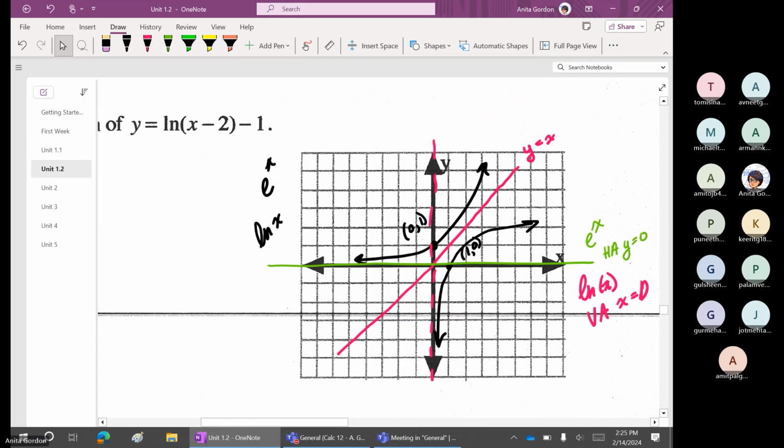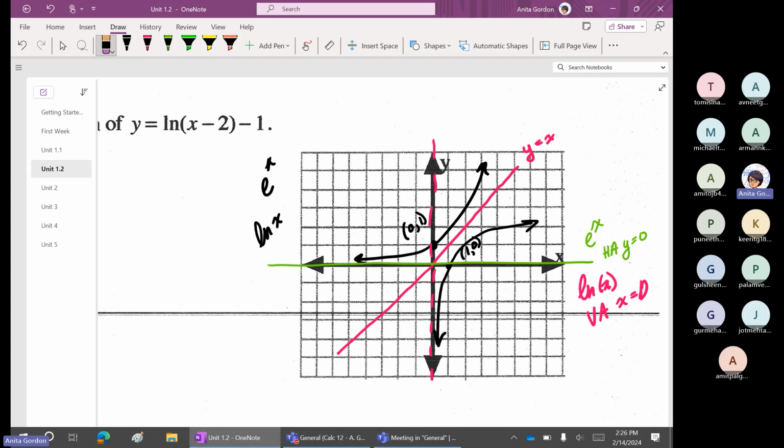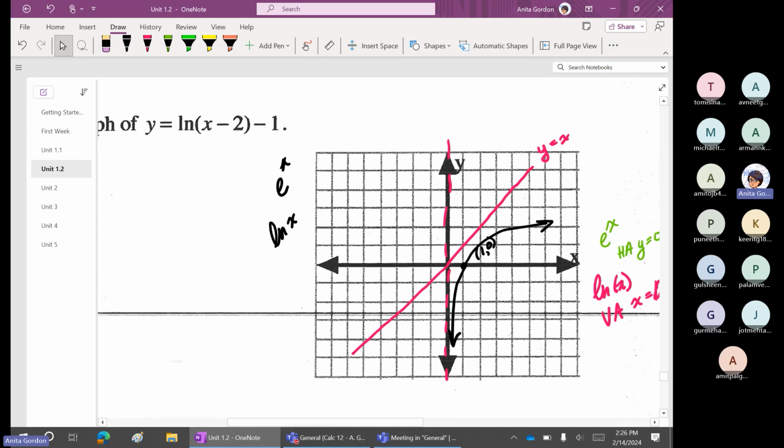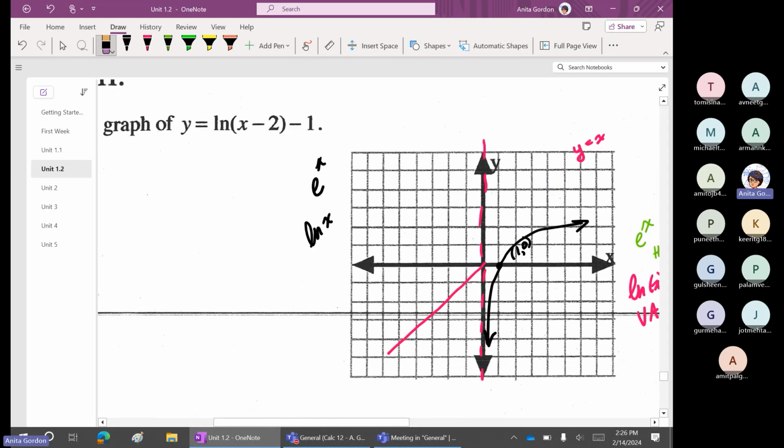Okay, we have now the base for our ln x graph. I'm going to erase this e graph because for this question, I want you to transform the ln graph. Here's what the base of the ln graph looks like. Take a look at this transformation. What am I doing here?